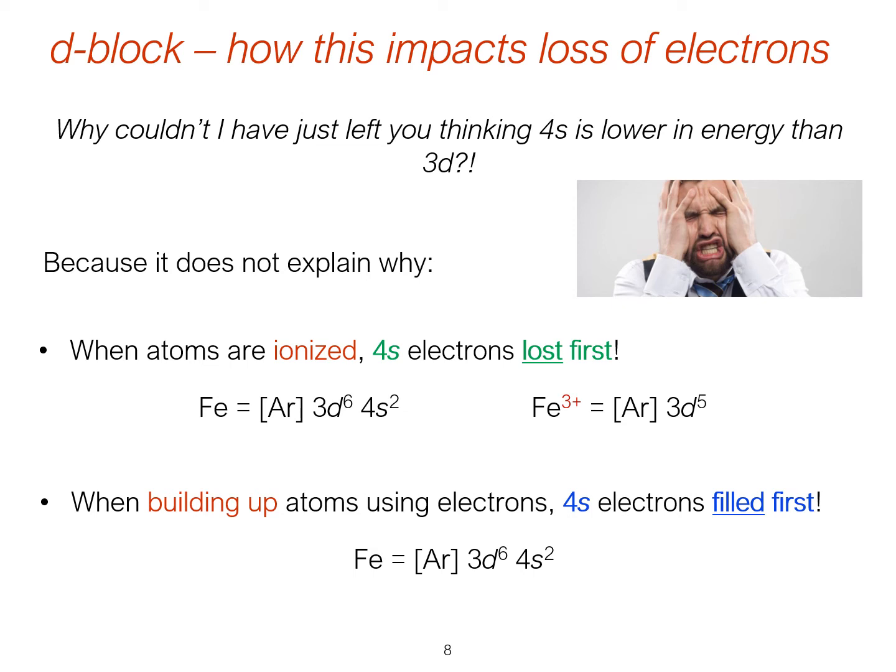So when we make compounds of, just cations, we won't even go into the compounds just yet. If we're making cations, we see that the 4s electrons are lost first. Now, if the 4s was lower in energy than the 3d, we'd expect that when we're making cations, we'd remove them from the 3d orbital first, kind of a last in, first out principle.